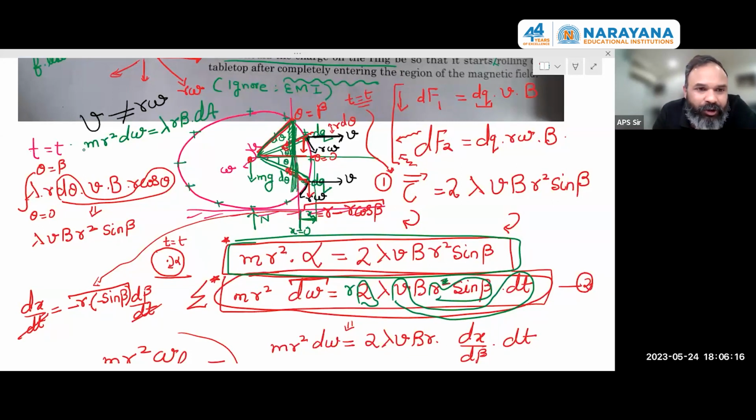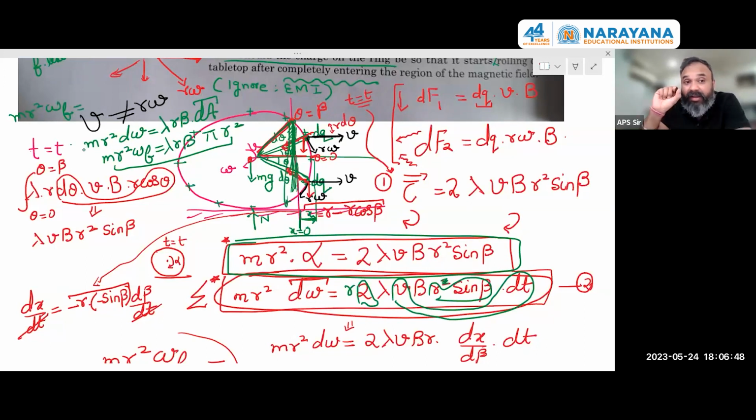If that is the case, why not I say m r square omega final is lambda r b, everything is constant, dA, all the strip area. So total area is pi r square. So I'm done with it, because direct perception tells me through time also I will reach the same destination, but it is getting more complicated. So I thought if you observe this way, I need not involve time at all. My interest is m r square omega final. Omega final is the velocity at the juncture when it is just entering.